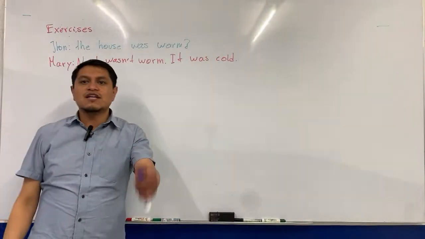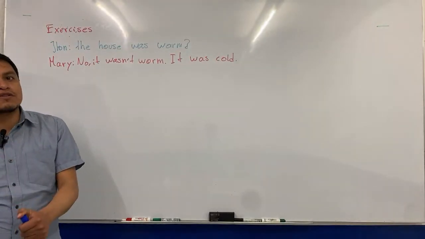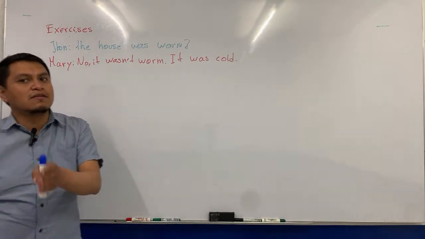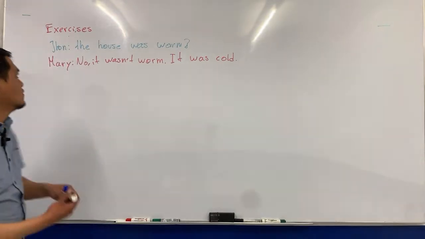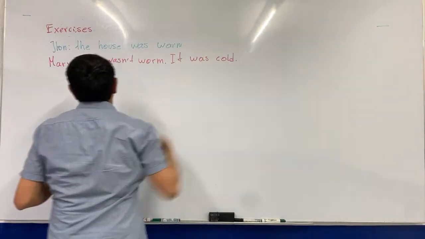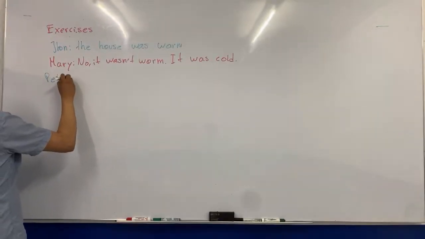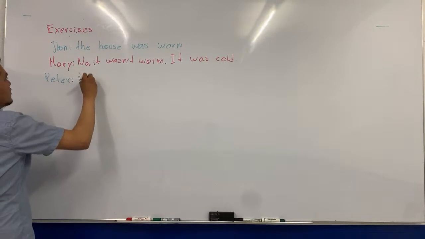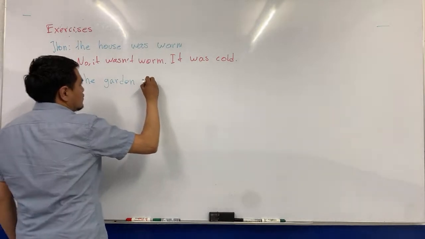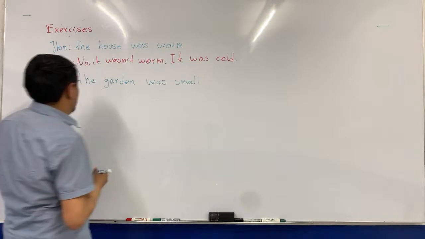Now, another example. Another exercise for this one. And the next person: the garden was small. The garden was small. Another person, Pete: the garden was small.